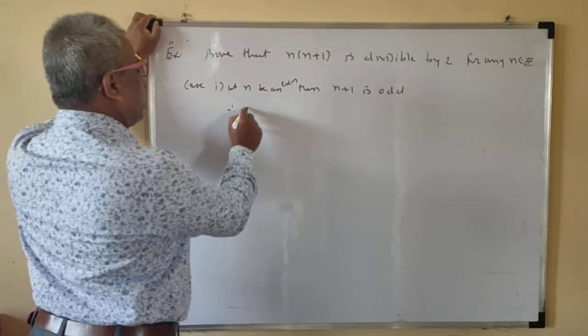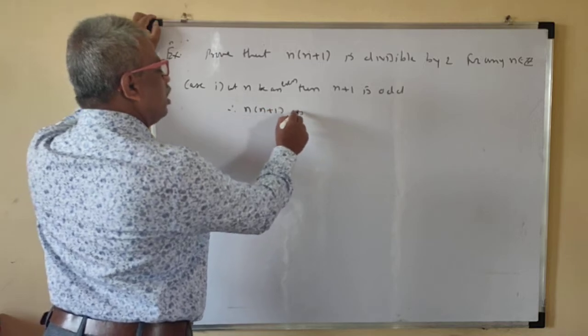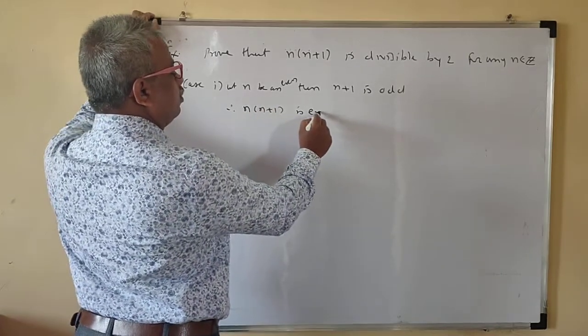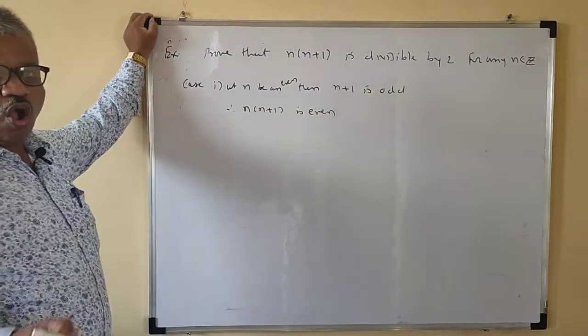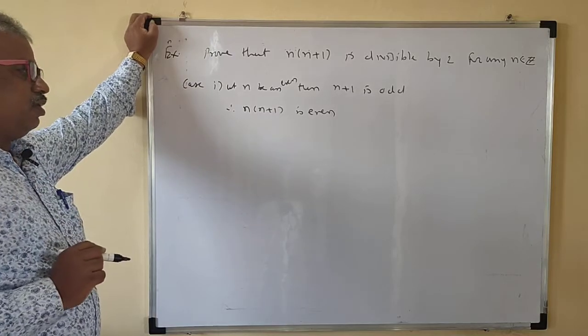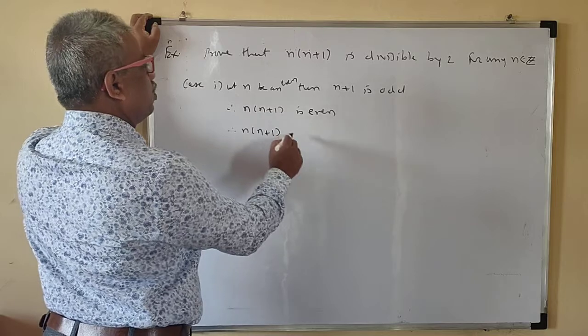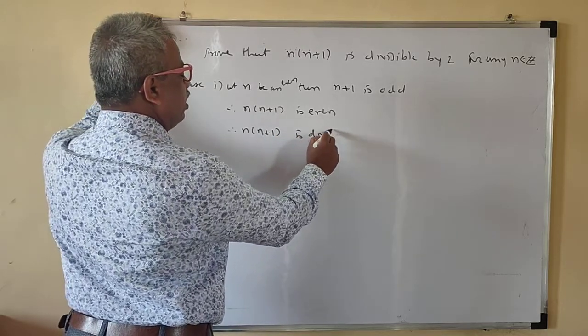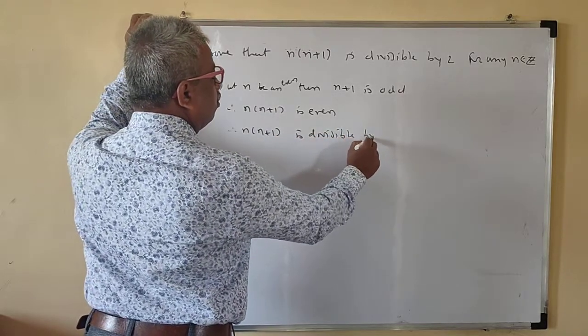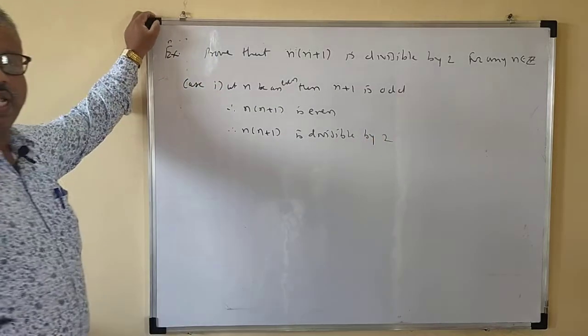So therefore n into n plus 1 is even, because even into odd is always even. So therefore n into n plus 1 is divisible by 2, because an even number is always divisible by 2.